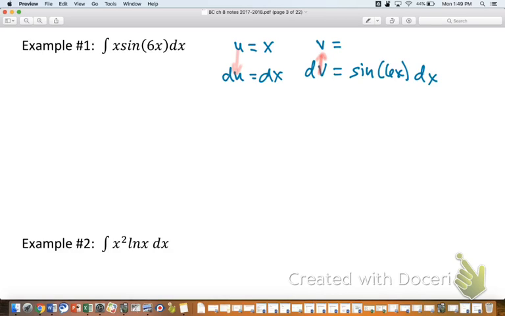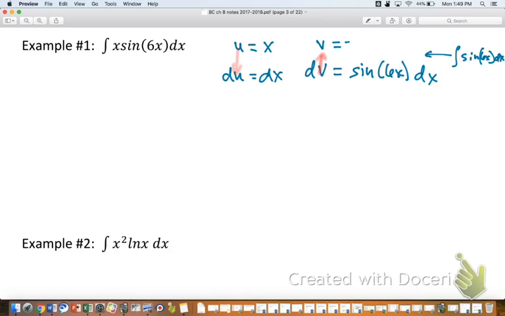It's an integral, yeah. So to process that step, what I really need to do is the antiderivative of sine of 6x dx. That's why the dx needs to be with the dv, so that you can have a valid antiderivative, or a valid integrand. So what is, by the way, the antiderivative of sine of 6x dx?